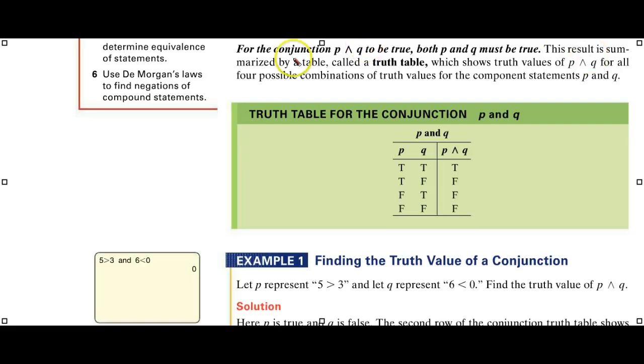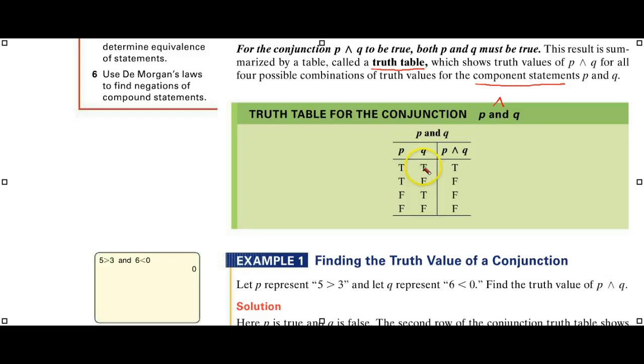This is summarized by a table called a truth table, which shows truth values for P and Q for all possible combinations of truth values for the component statements P and Q. Now remember, both of these must be true in order for this to be true. So we set up a little table. This is the truth table for this conjunction. Remember, this is the caret, and.